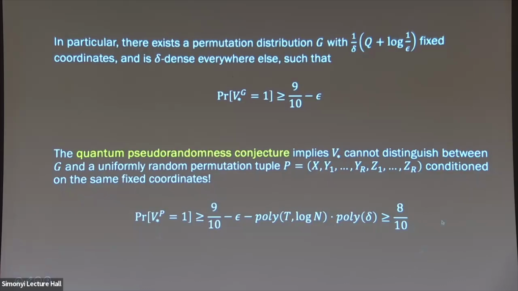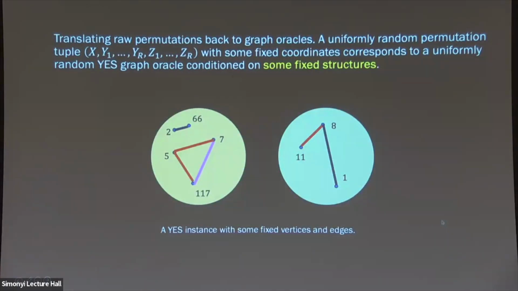And we're basically there. So let's think about what's the graph interpretation of this. If you take all these permutations X, Y, Z and you just fix a small number of coordinates, you're essentially just planting some small fixed structures in these two disconnected components. And everything else outside is just uniformly random. So from the point of view of the quantum algorithm, this is what it sees.